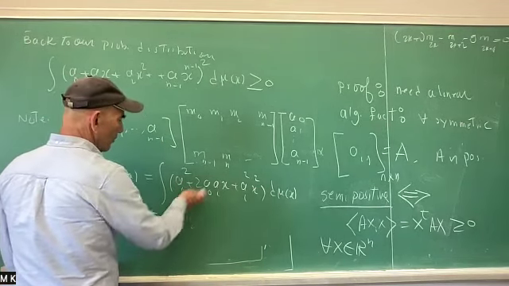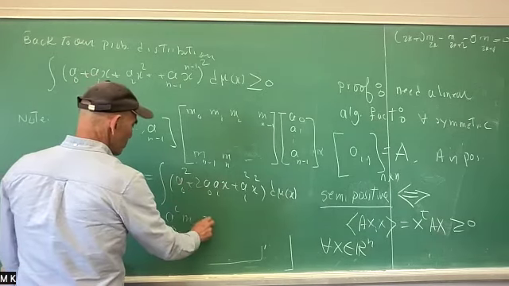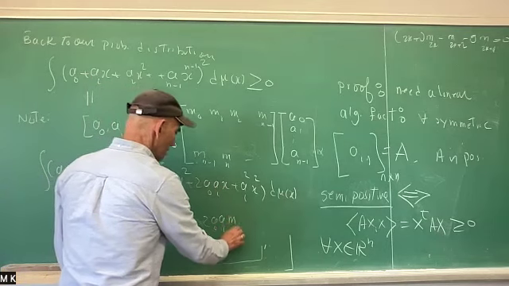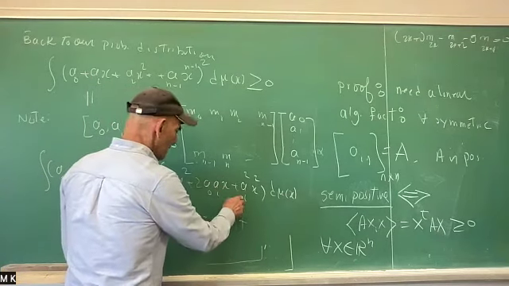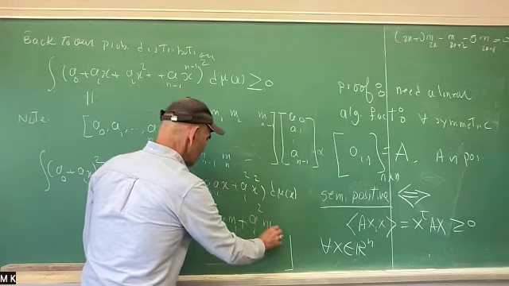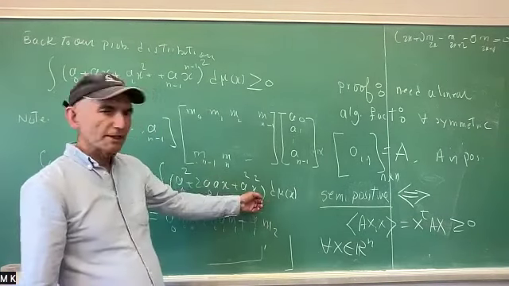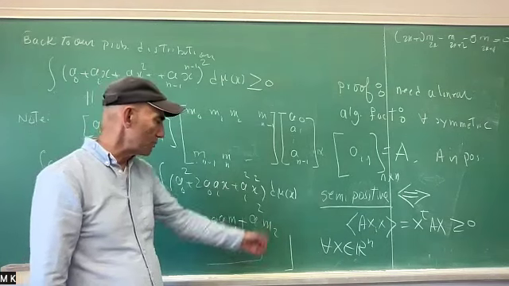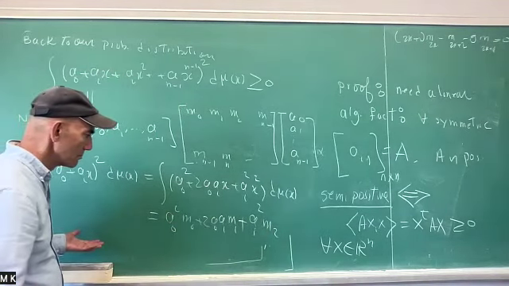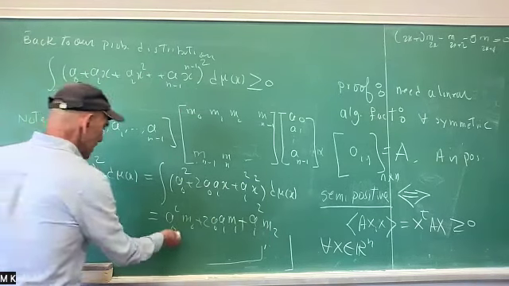We know m0 is 1, but let's keep it, plus 2 a0 a1 m1, plus a1 squared m2, because the integral of x squared d mu of x is m2. And what is that?